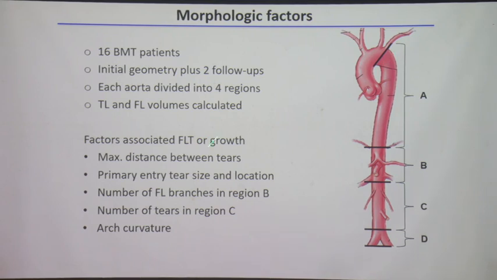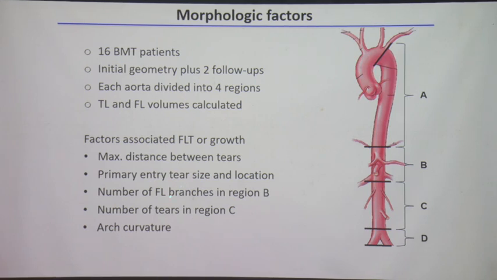I think the motivation behind this is that if we can identify any geometric or morphological factors that can predict false lumen thrombosis, then it would become easier in practice, because the geometric parameters can be measured directly from CT scans.